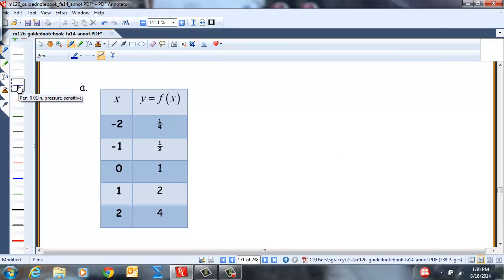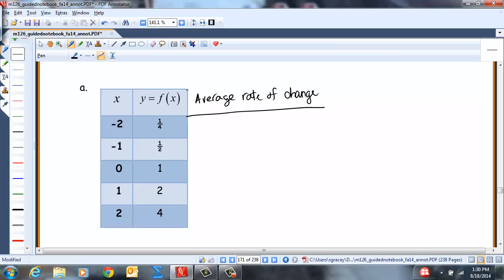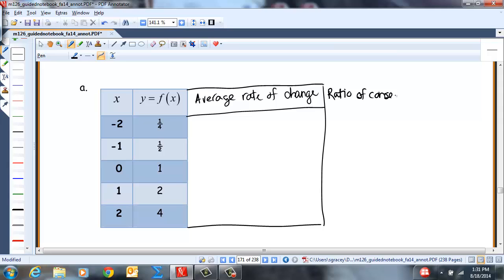The first box can be the average rate of change, and then the next box can be the ratio of consecutive outputs.